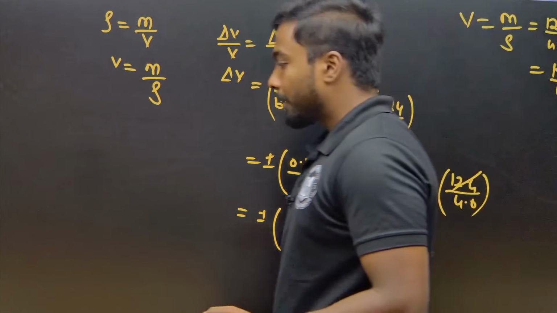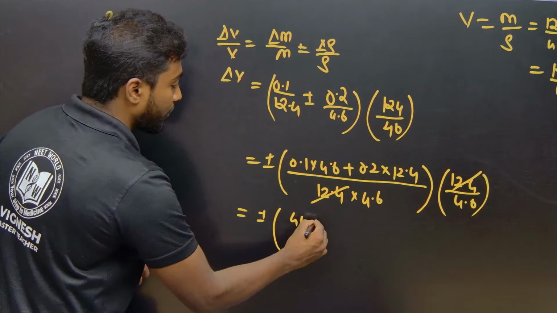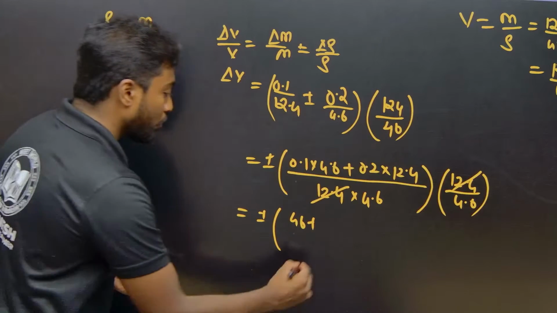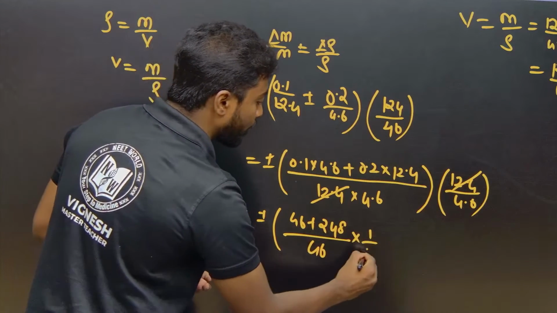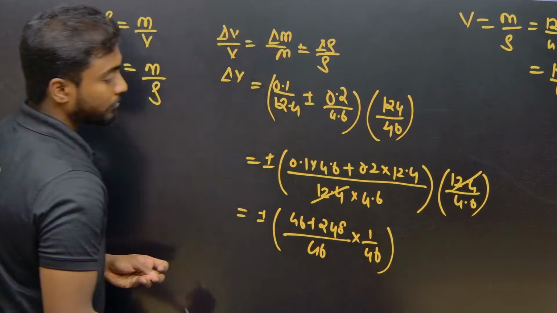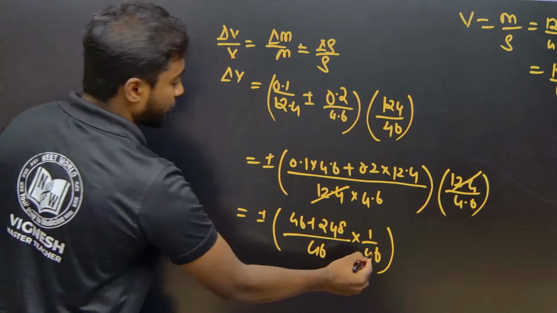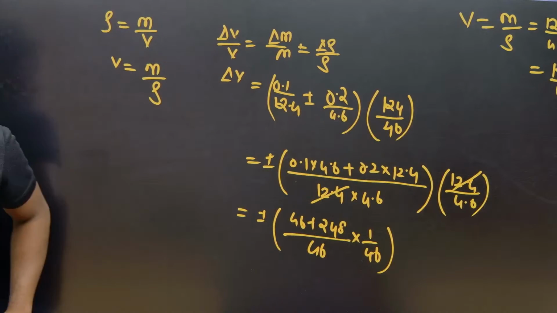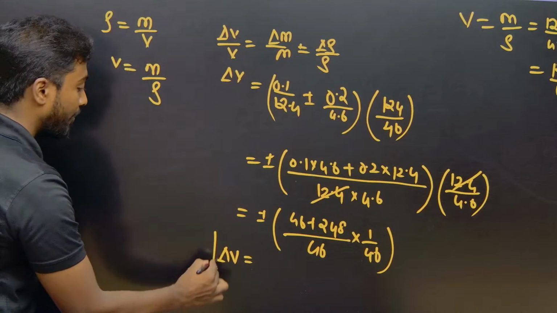What will be the answer? 46 plus 124 into 2, that is 248. So 248 divided by 46, into 1 by 46. That's the answer. If I calculate this one, I'll get the value of delta V.